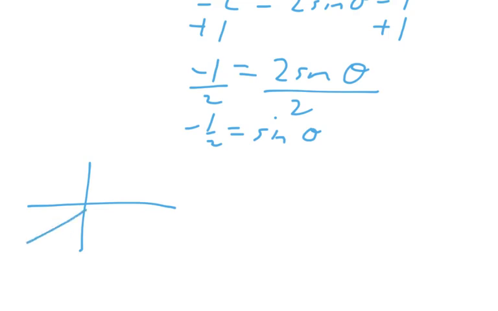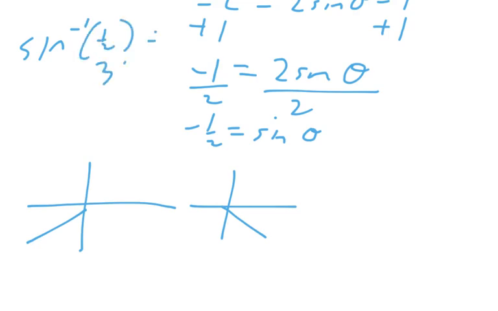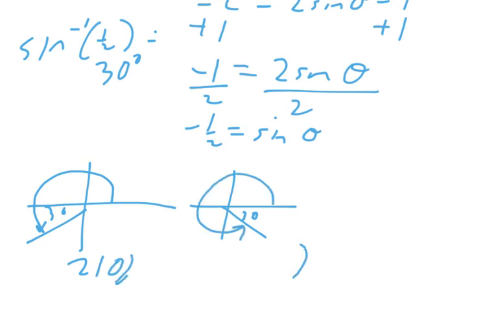I know the sine is negative in the third quadrant and the 4th quadrant. And when I do inverse sine of just positive 1/2 in my calculator, that's going to give me the reference angle of 30 degrees. So that means that is going to be 210 degrees, and that is going to be 330 degrees.